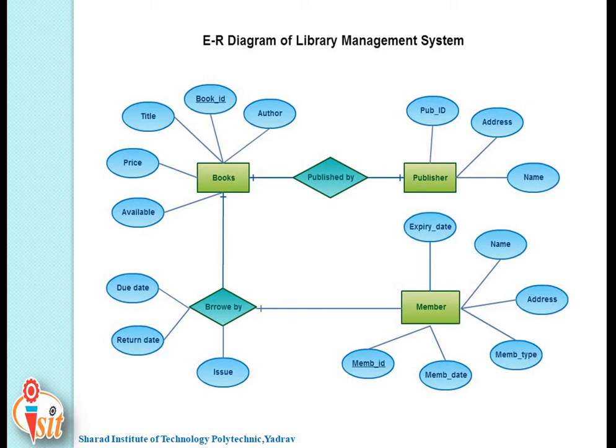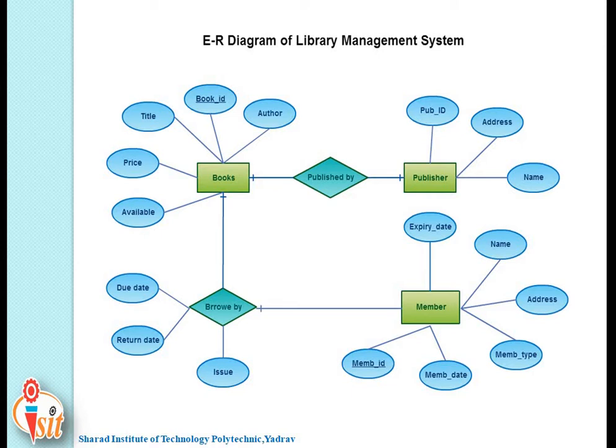Books have different attributes like available on, price of the book, title of the book, book ID, author. These are the various attributes of the entity book. You can take them as per your requirement. Then the second entity is publisher.